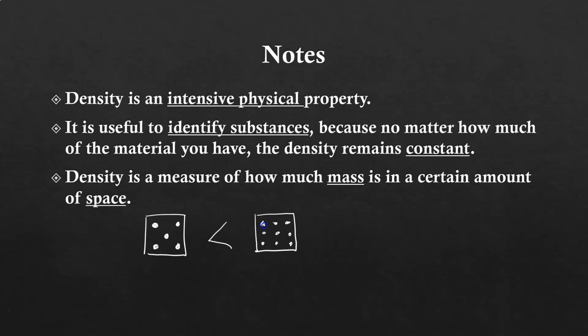There are more particles, and I could even make them about the same size, in these other ones. So the density, because they are more closely packed together, or there's more mass in a specific amount of space, this one has a higher density on the right.